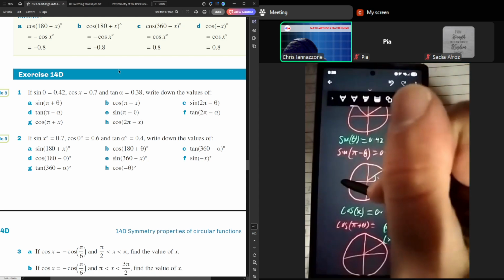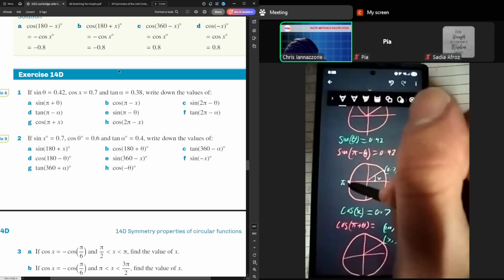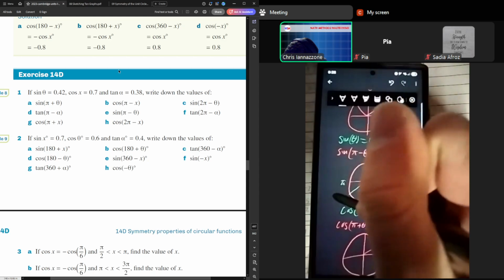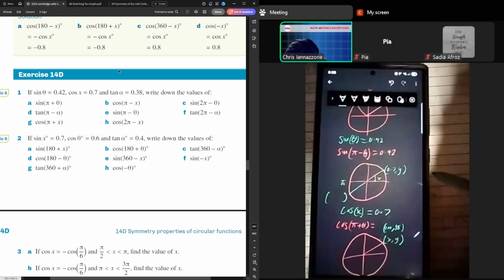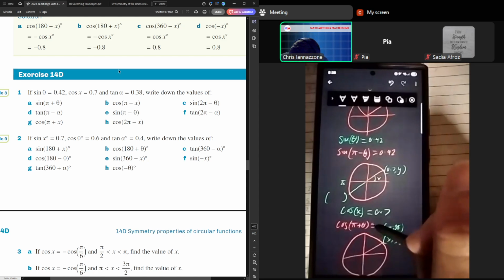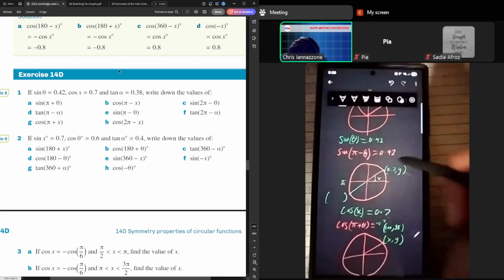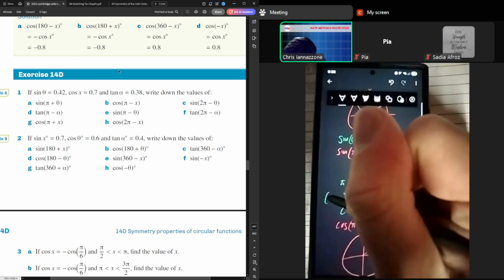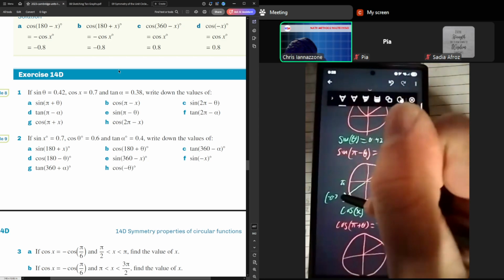Because you start at pi and you plus theta, which gets you down here. So either coordinate or what's cos of pi plus theta? Minus 0.7, yeah. That's good. Minus 0.7 because both things become negative down here.